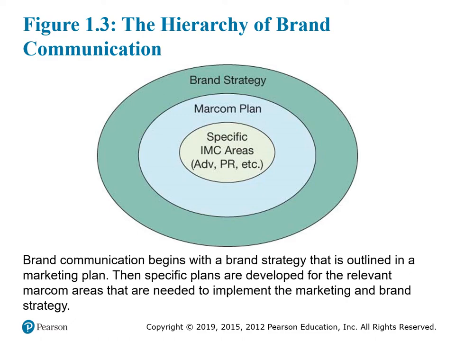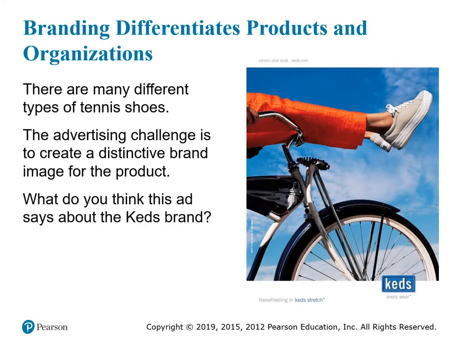But of course, it is the marketing communication or IMC department or office that will expand on this. When we talk about the marketing communication plan, it entails the marketing communication areas. So this is how everything goes together.